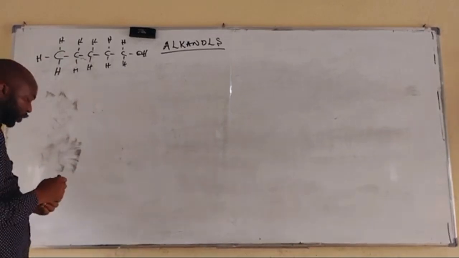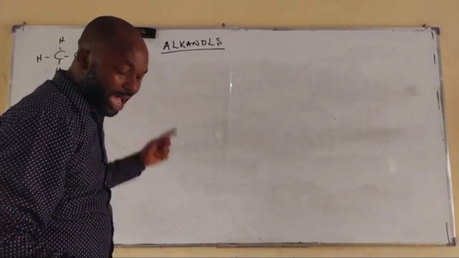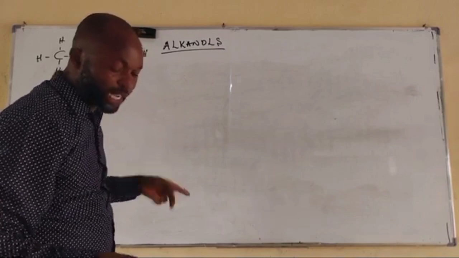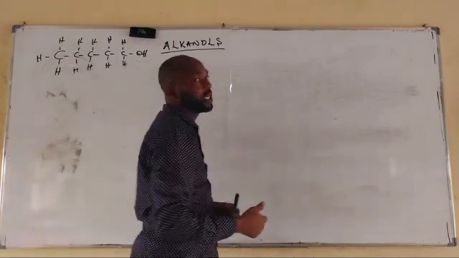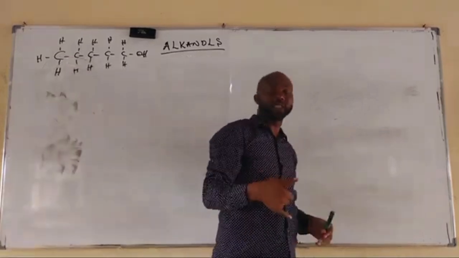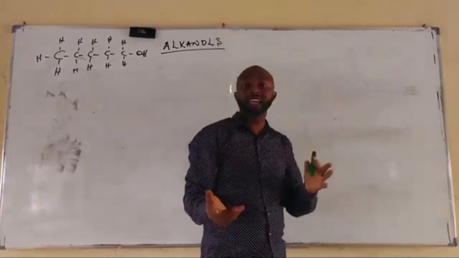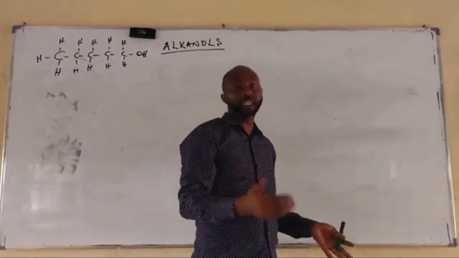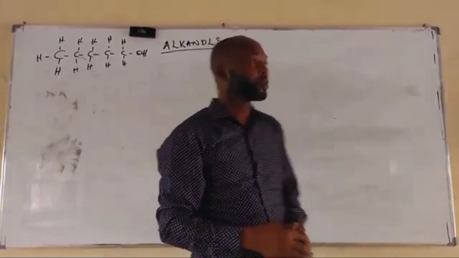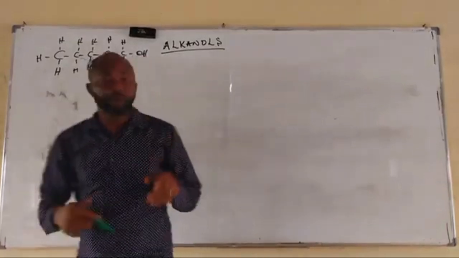But they say we should write, let me read it again. Write the structure and the IUPAC name of an optically active alkanol. What is an optically active compound? It is a compound which has a chiral center, which means it can rotate plane polarized light to either the left or right. Okay, the levorotatory and the dextrorotatory. So we have to use this and form that compound.